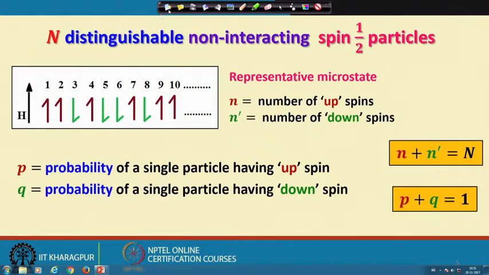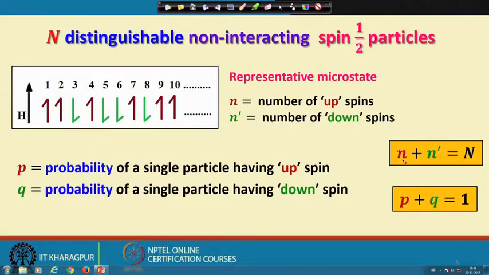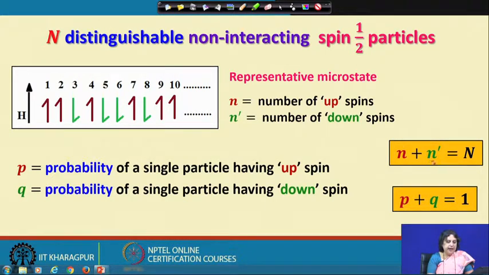Now, once I understand this, the question that we face is, what will be the number of microstates associated with the different values of small n, that is the number of up spins. You must realize that simply because I have n plus n prime equal to capital N, between n and n prime only small n can vary as an independent variable.